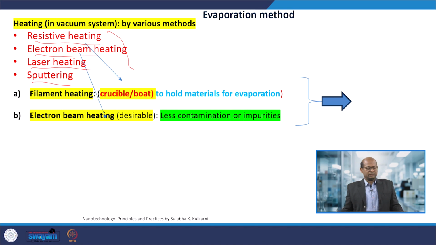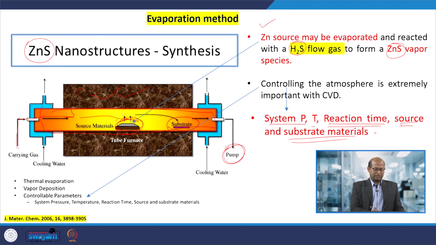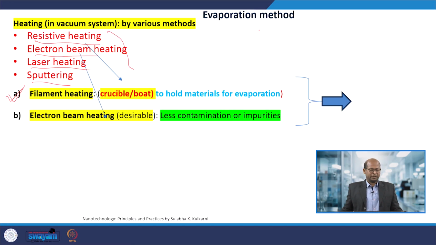So here, our target material we can take in a crucible or boat. Okay. So in that place we can hold the material for evaporation, and that heating up would be with the help of filaments we can use, or else we can use electron beams.